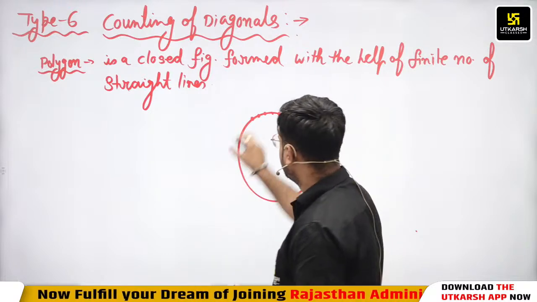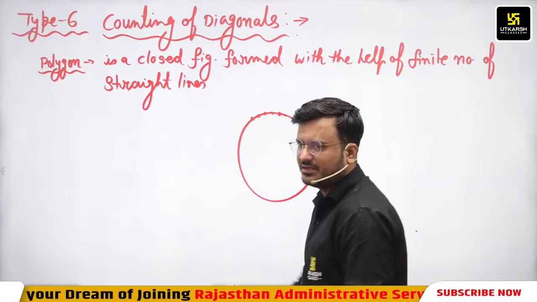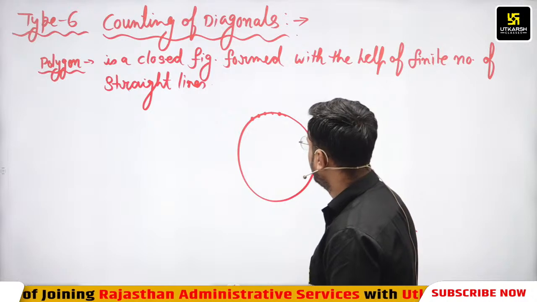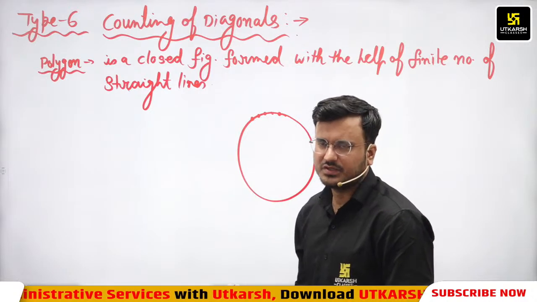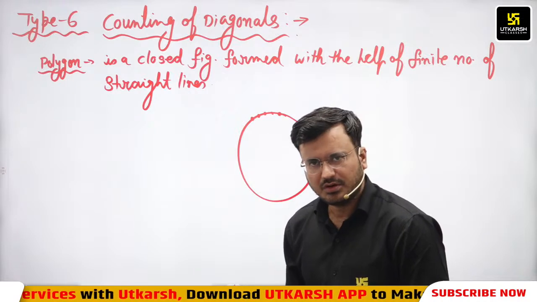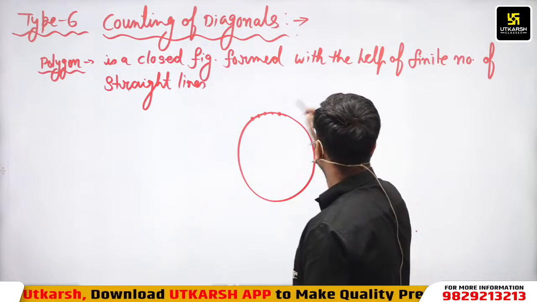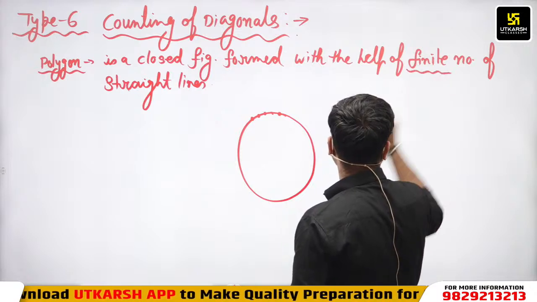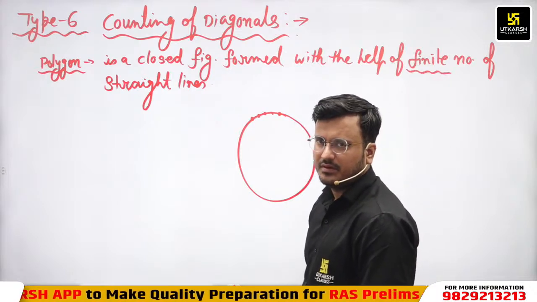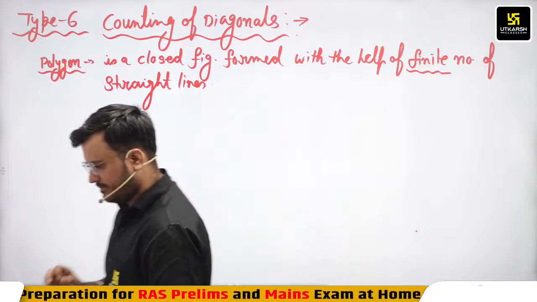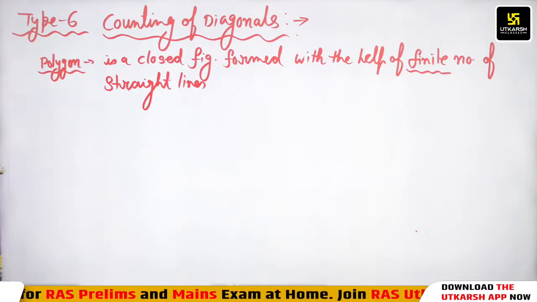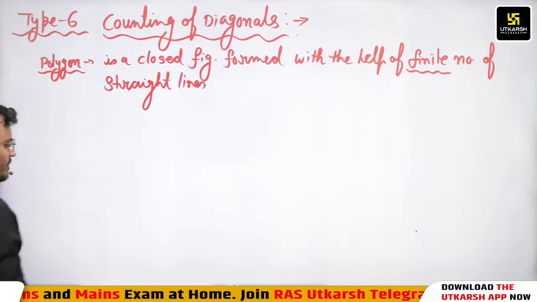If we zoom in on this figure, you will see each dot works as a straight line. So an infinite number of straight lines are required to draw a circle. That's why a circle is not a polygon, because in a polygon a finite number of straight lines are there. So a circle is not the biggest polygon. This is a myth.